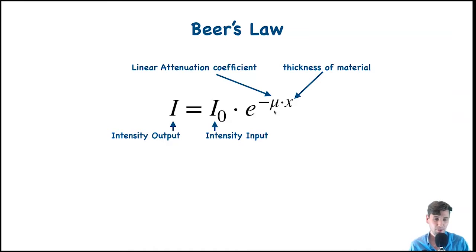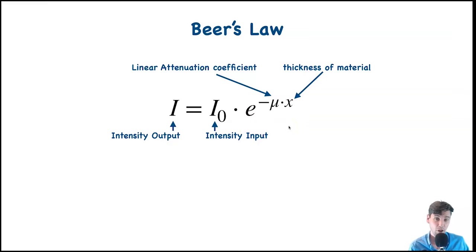To make life a little bit more complicated, a lot of times people in the industry like to separate this mu out into two terms. We're going to look at that now. But at a high level, this is all that we're dealing with: just an exponential. It's a calculation where we get a number that's between 0 and 1.